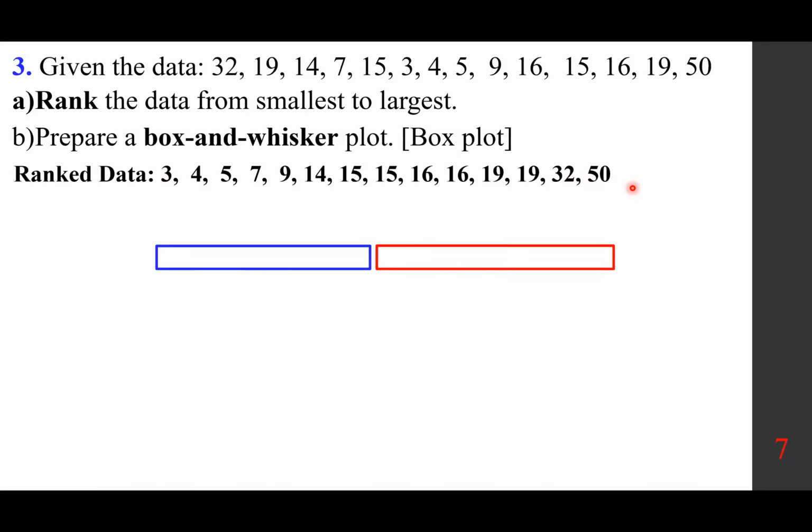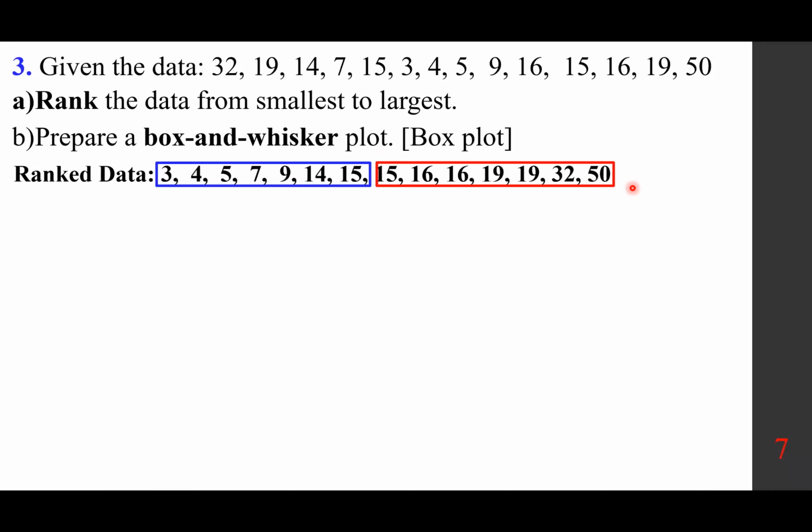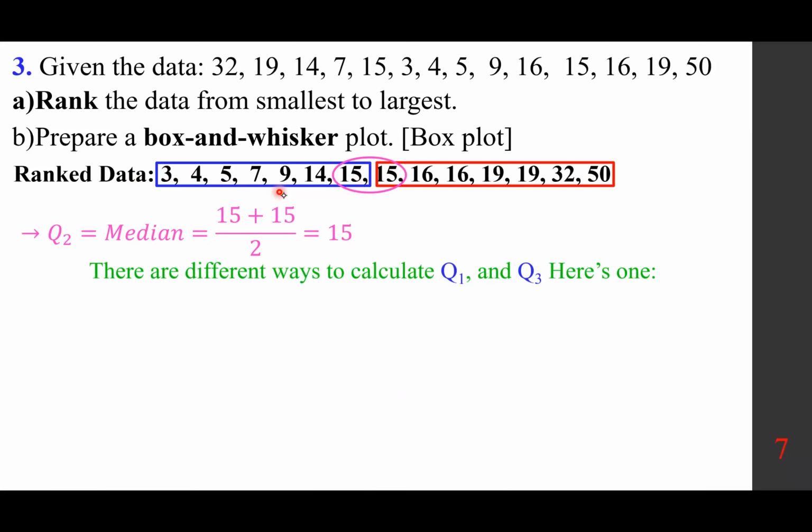First and foremost, we cut them in half. So right here is the median, which is 15 plus 15 divided by 2, or 15. So this is the median. The first half, we want the median of the first half. There are different ways to calculate Q sub 1 and Q sub 3. This is universal.